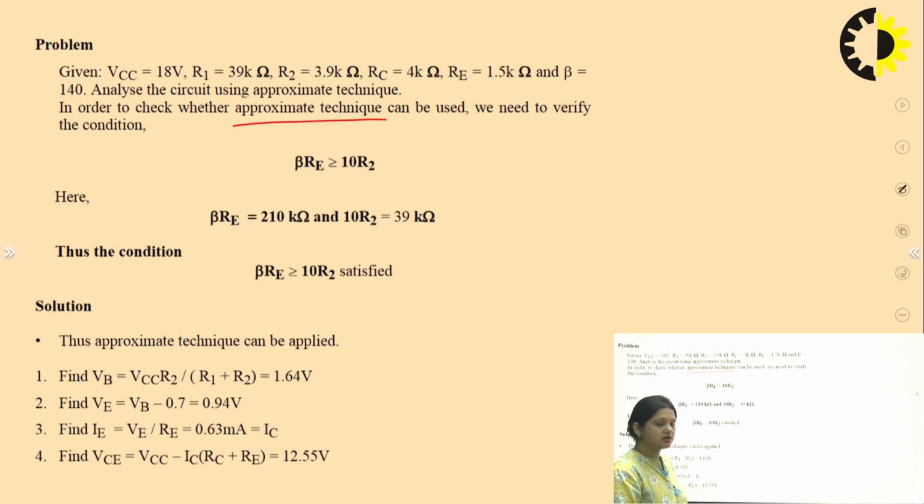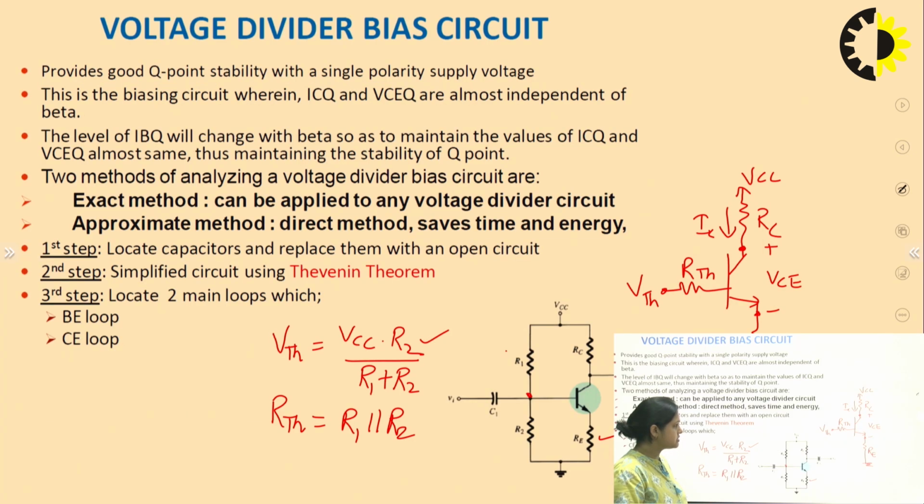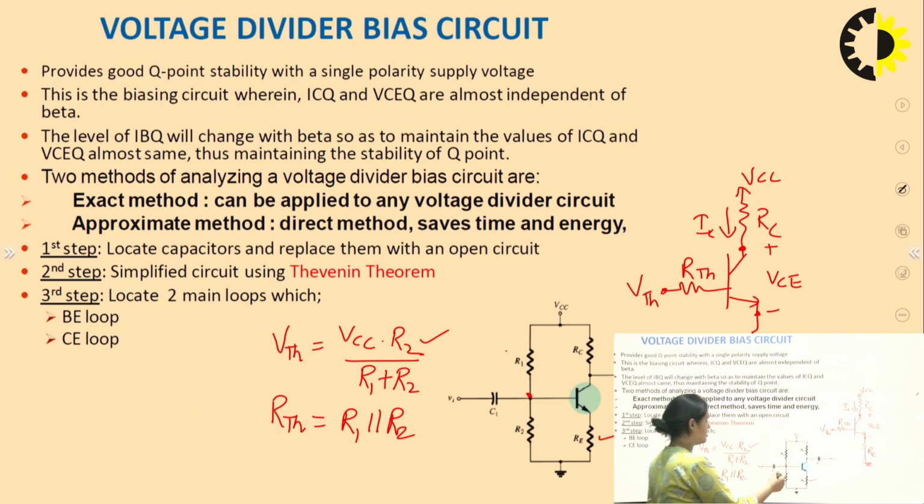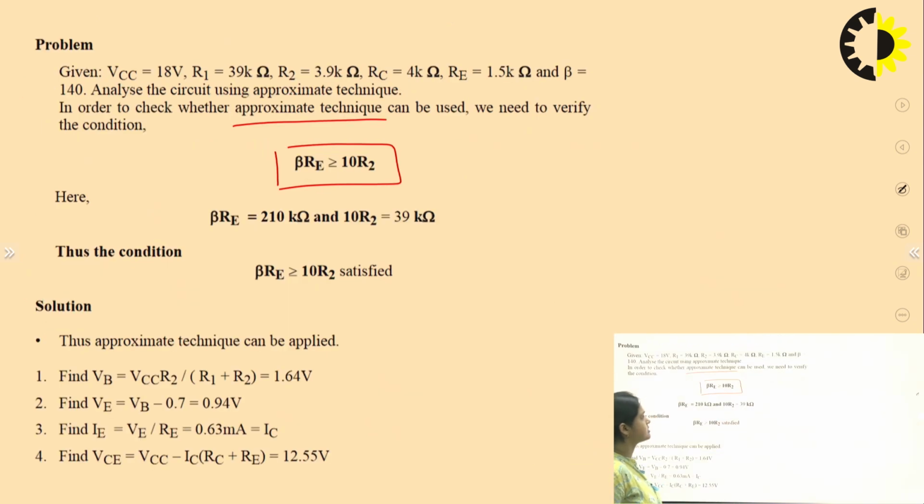One is exact analysis that we can apply on this circuit, and the second one is the approximate method, which can be used only when beta RE is greater than or equal to 10 times R2, and the circuit should be like this. This R2 will be at this place only. So if beta RE, the value of this resistance, is greater than or equal to 10 times R2, then we can apply this approximate method.